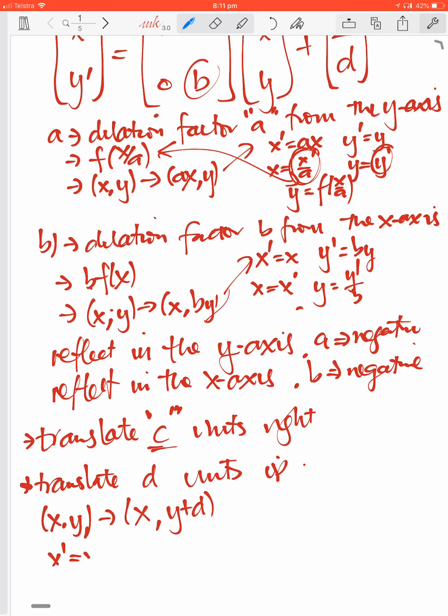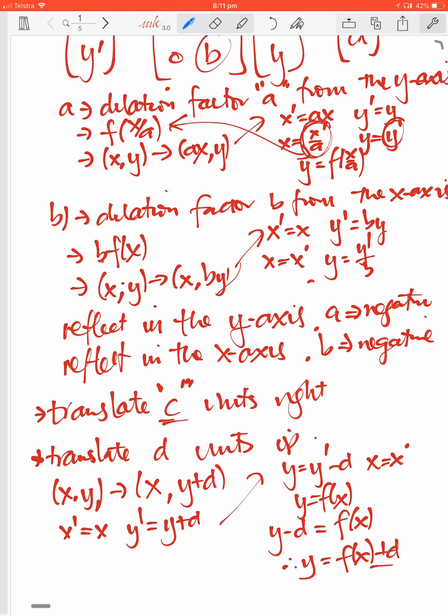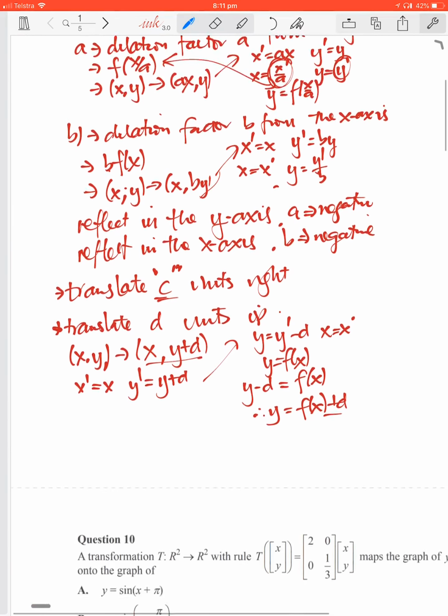So x dash equals x, y dash equals y plus d. From there we get y equals y dash minus d, x equals x dash. If y equals f of x, then we're going to get y minus d equals f of x. Therefore, y is equal to f of x plus d, which we know is a translation up d units. That's in function notation, image notation, and then here it is in matrix notation.